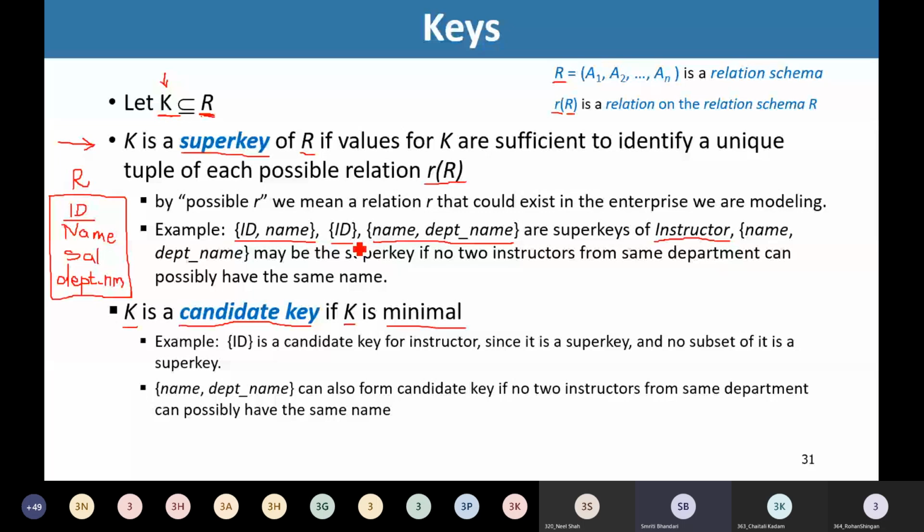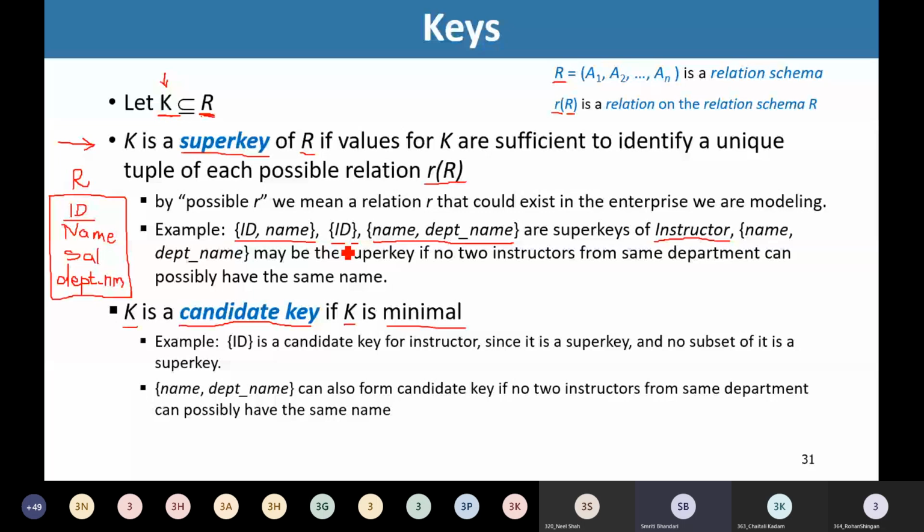I'll repeat what I mean. ID is a super key and no subset of this ID is also a super key. And that is why I may say that ID is my candidate key for instructor.